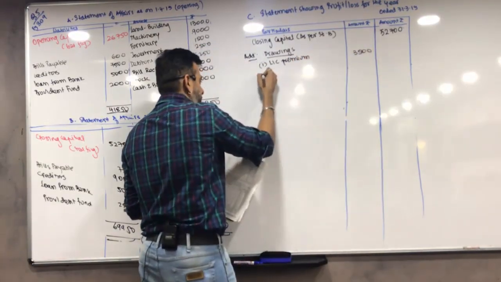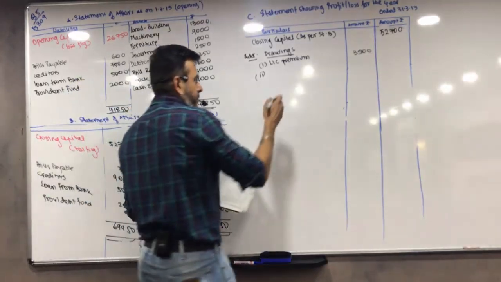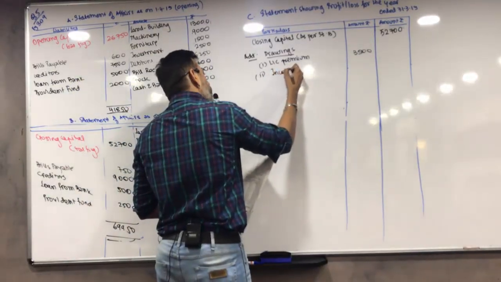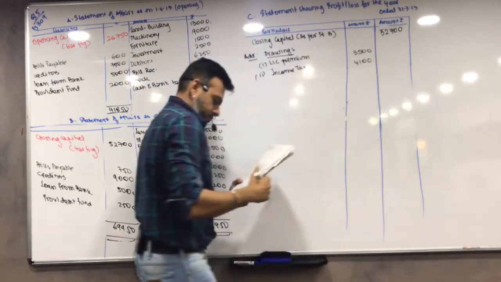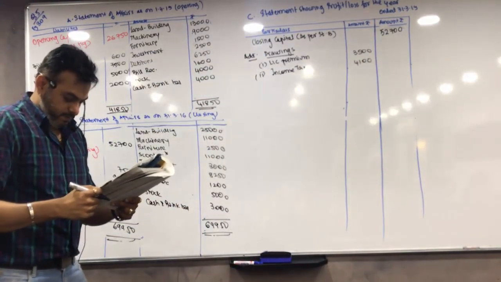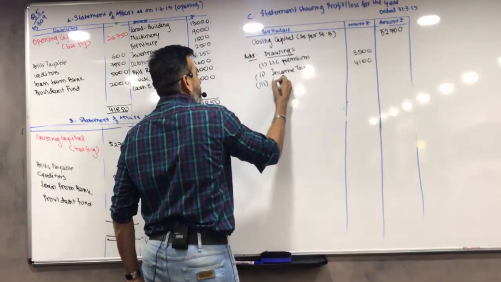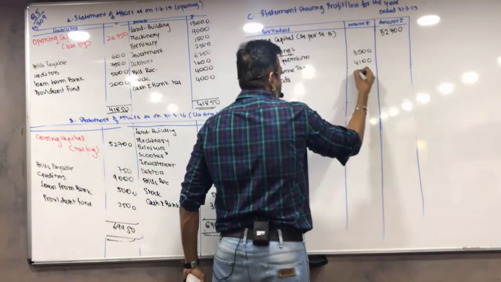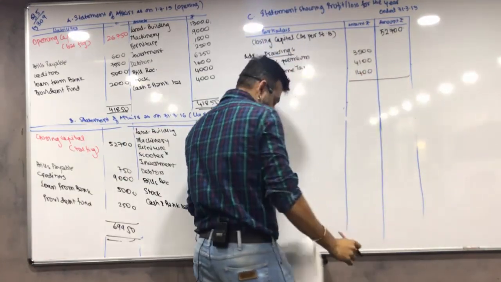Second, income tax 4,100. Goods 1,400. You also have cash?